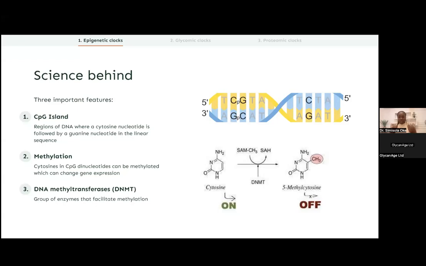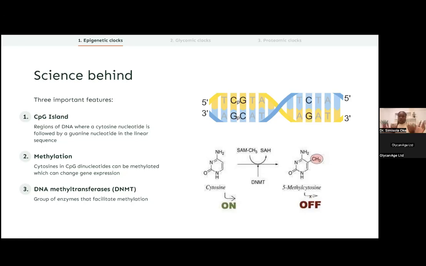And then you have methylation. Methylation is the process of adding a methyl group onto that area of DNA, and typically that changes the way the gene or that genetic information is expressed. And then finally, you have DNMT, which are the enzymes which facilitate that methylation process.